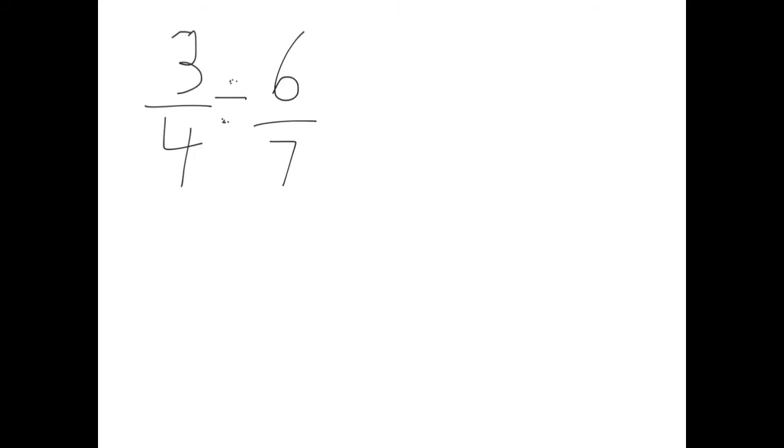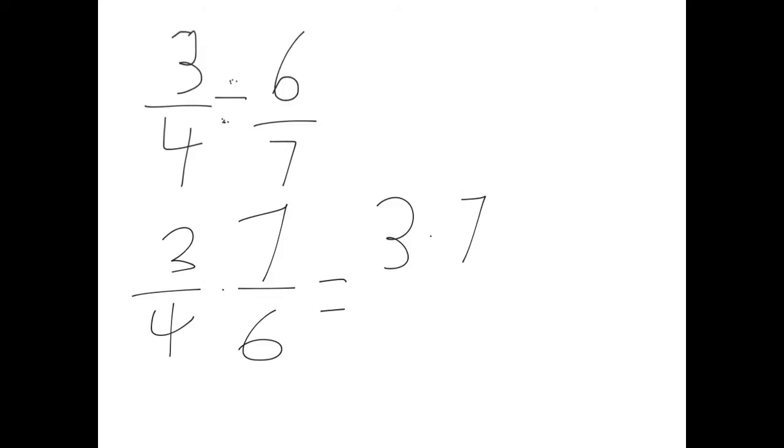Today we will be dividing fractions. This is really easy. All you have to do is you have to keep the first one the same. So I'm going to do it right now. So 3/4. You have to change the sign. Boom. And then you just have to flip them. So 7 over. And you say 3 times 7, 4 times 6.